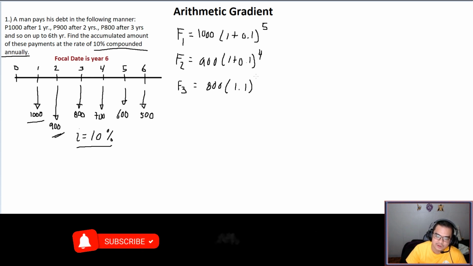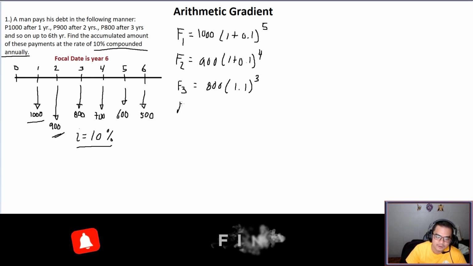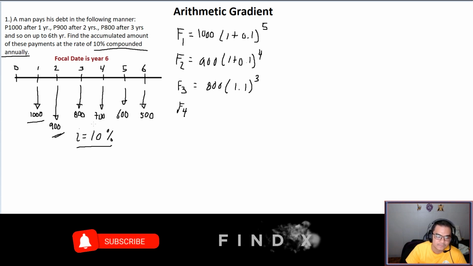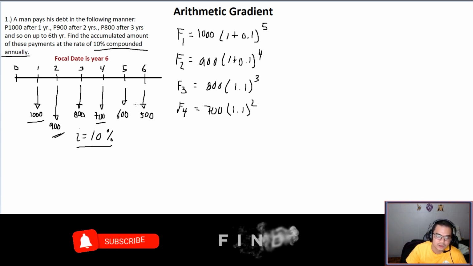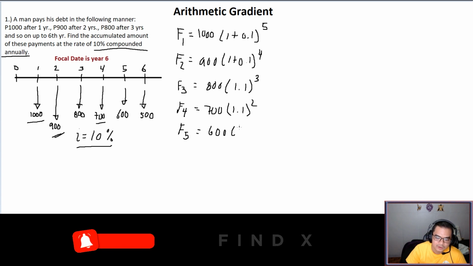So this is raised to 3. And then F4 is 700 times 1.1 raised to 2. And then F5 is equal to 600 times 1.1 raised to 1. I won't write that anymore. And then F6, since F6 is already at the 6th year, this is just 500.